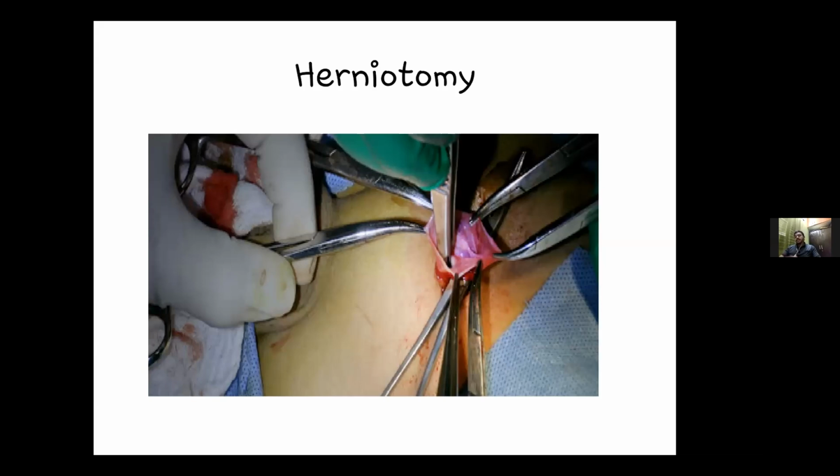But the same herniotomy can't be done in adults because they require some kind of muscular support in the posterior inguinal wall to prevent recurrence. And that's where herniorrhaphy came into play.